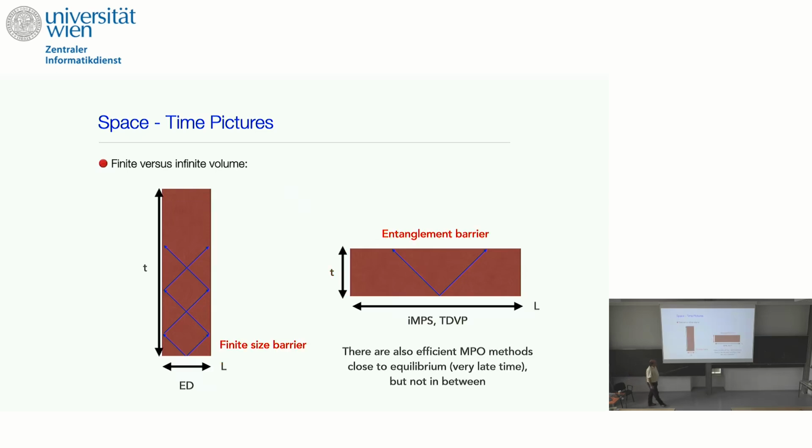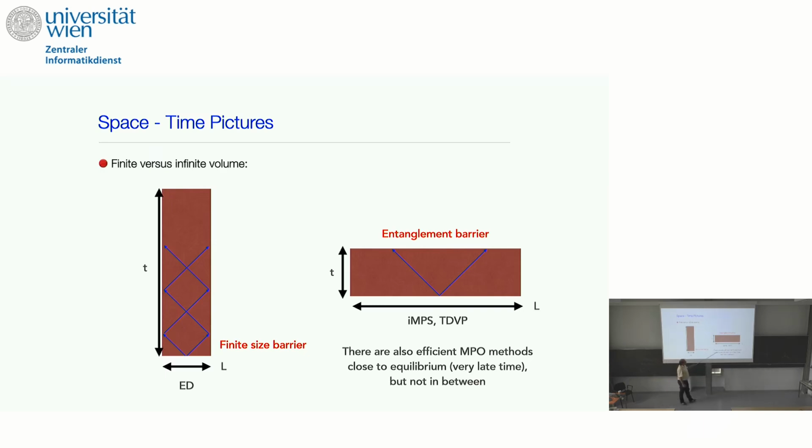I would also like to mention that there are MPO-based methods which work close to equilibrium. So let's assume that if we find equilibrium in these simulations, then it's of course also justified to directly work at equilibrium, at late times, and then you can perturb systems weakly out of equilibrium, do linear response or probe for diffusion. There are very interesting papers on that, and many people who have done that are in the audience.